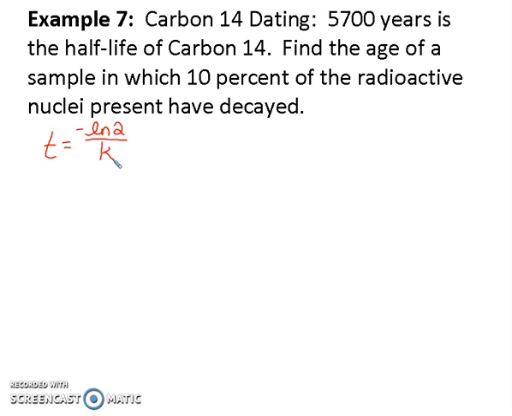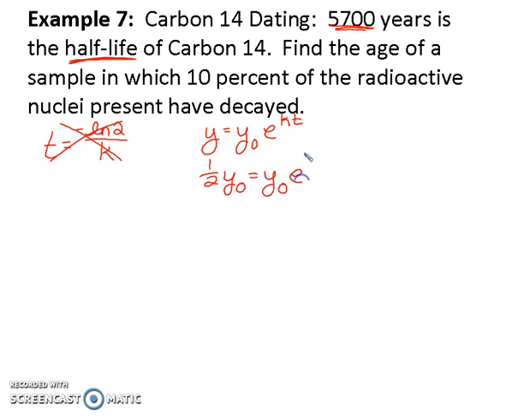But what we do know, if we back it up a few steps, is that we've got y equals y sub 0 e to the kt. 5,700 years is the half-life. So actually this isn't going to help me. So that means that your t is 5,700 years in order to get half of the amount remaining.